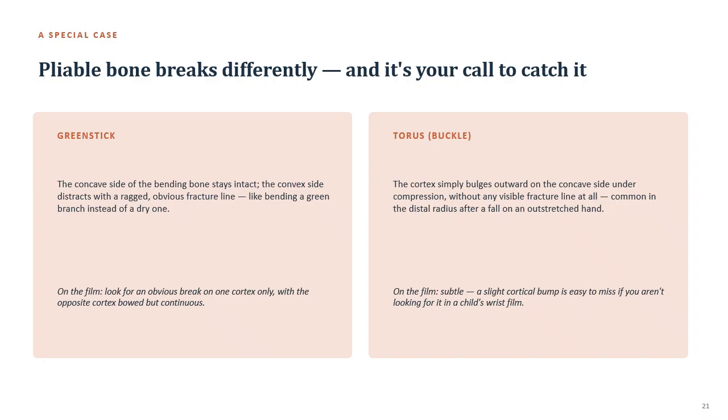So what we want to do for these children is obtain the views and inspect both of the cortices carefully before we release that patient.